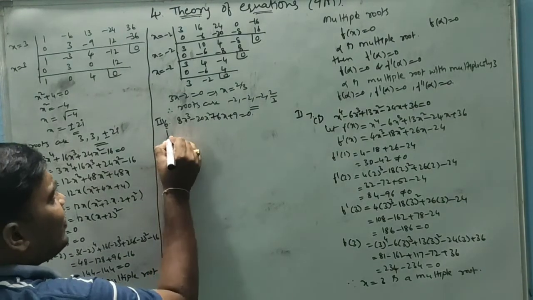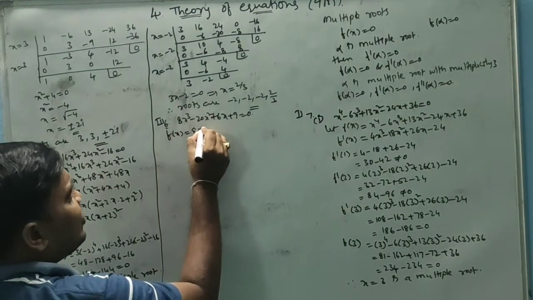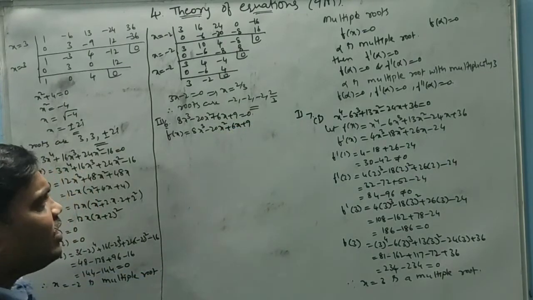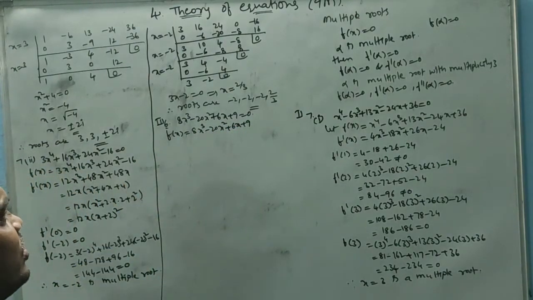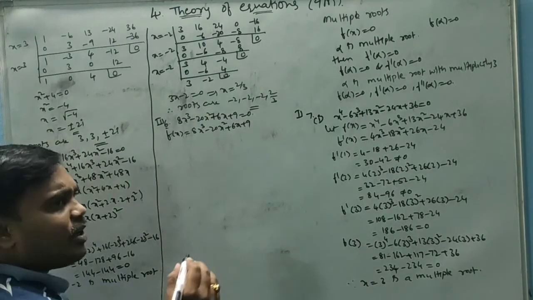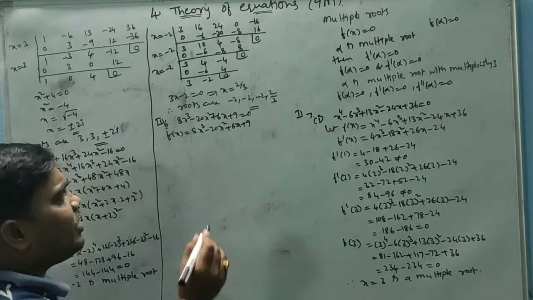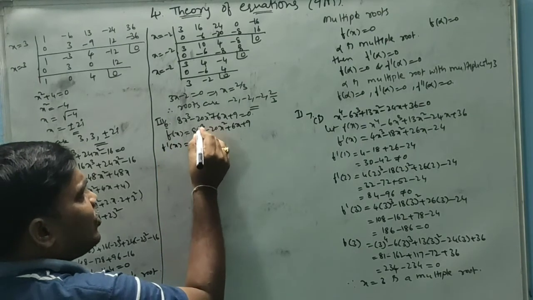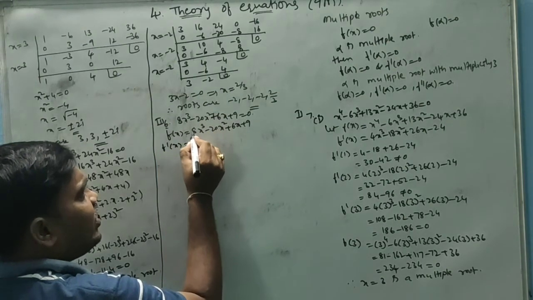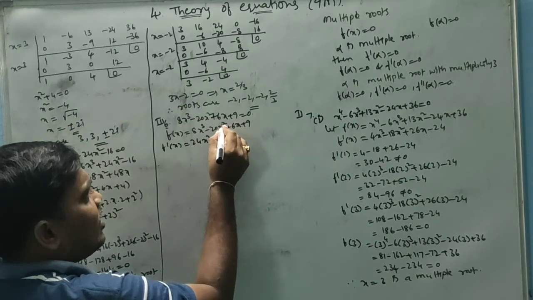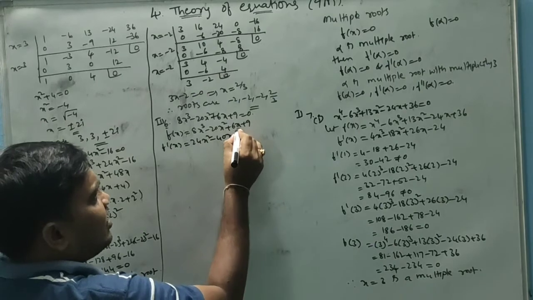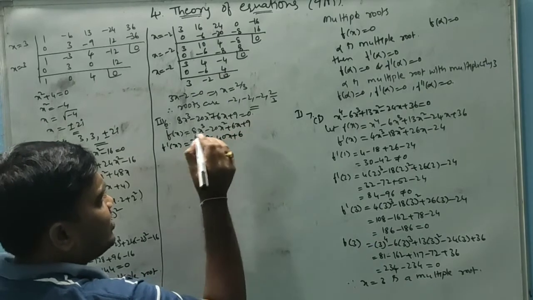Now f of x equal to 8x cube minus 20x square plus 6x plus 9. This equation contains 3 roots. In these 3 roots, at least one of the roots is repeated. So f dash x, differentiation: x cube differentiation 3x square, 3 into 8, 24x square; x square 2x, 2 into 20, 40x; x differentiation 1, 6.